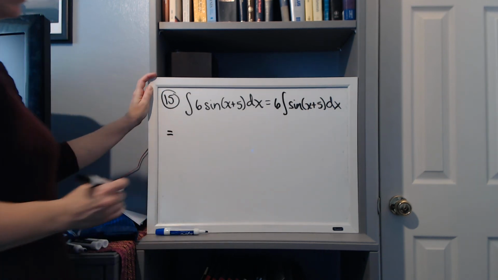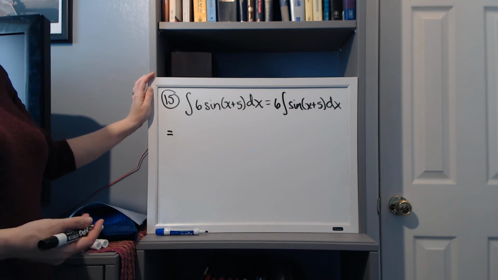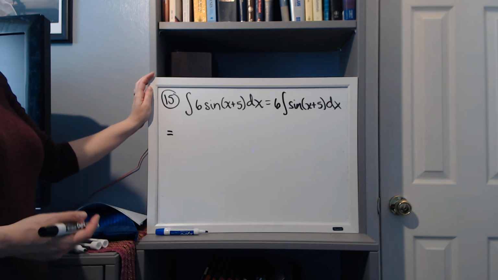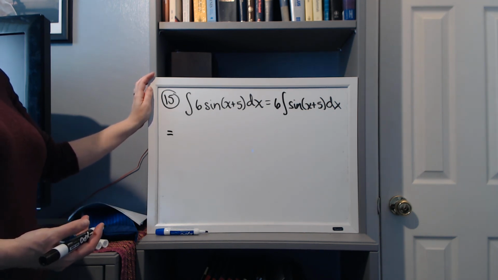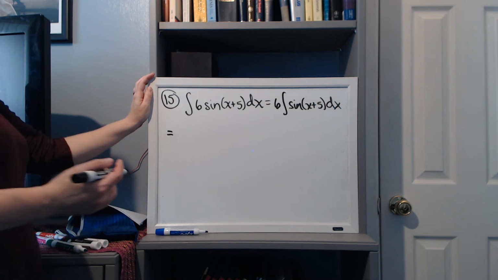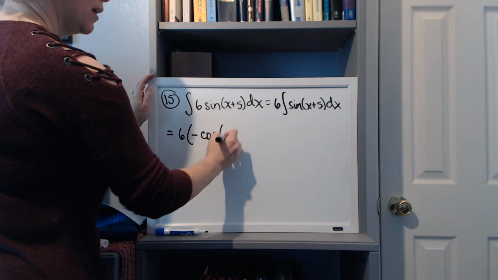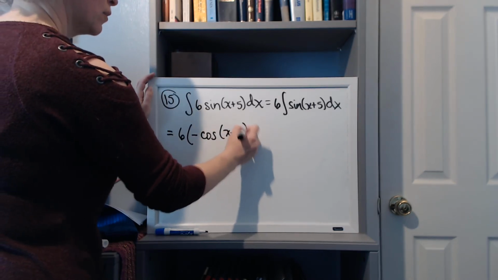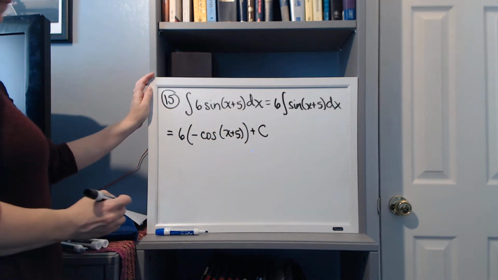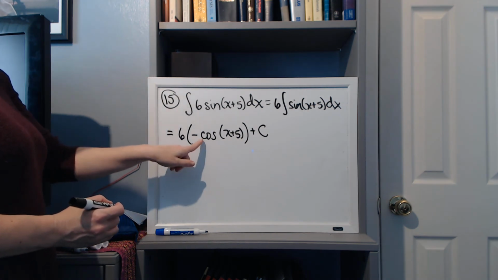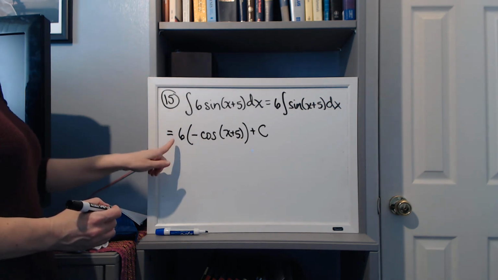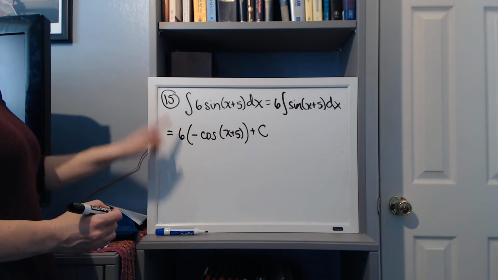So we need to know what's our antiderivative of sine. In other words, what do we take the derivative of in order to get sine? And that is going to be negative cosine. So we get 6 times negative cosine of x plus 5 plus c. And then that negative, I'm going to pull out in front so that we don't make any mistakes and look at this and think it's subtraction.